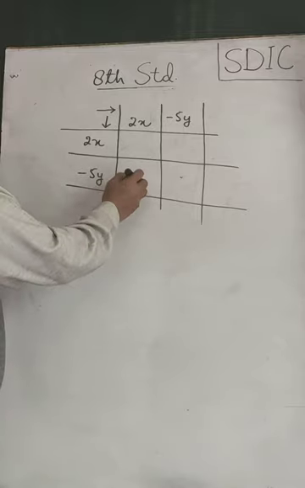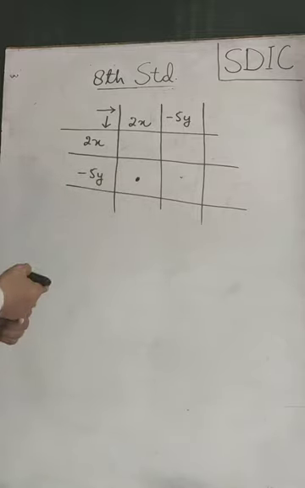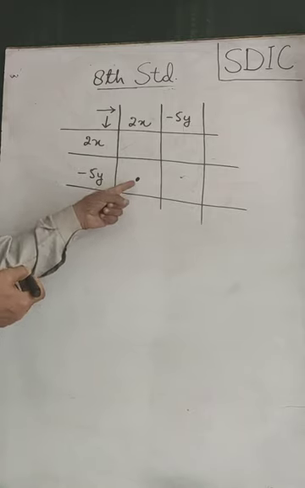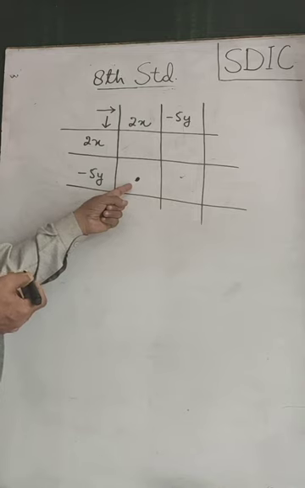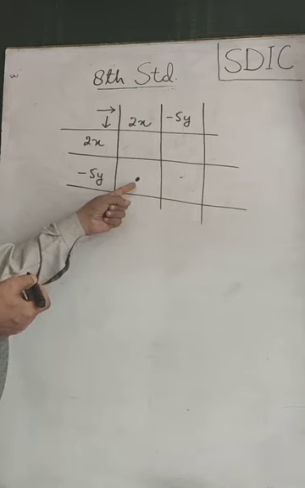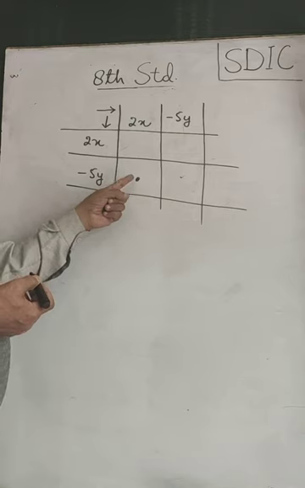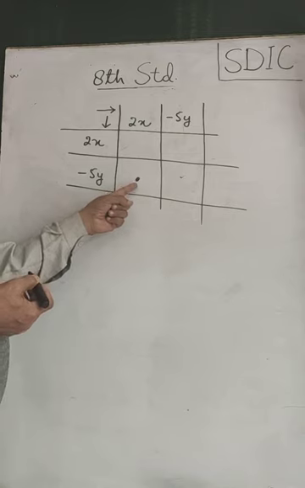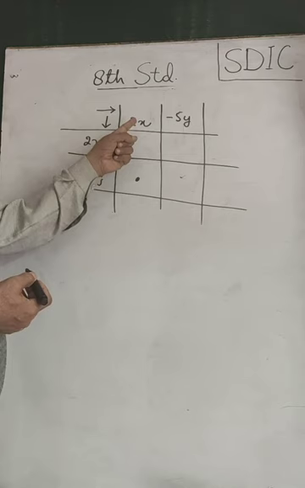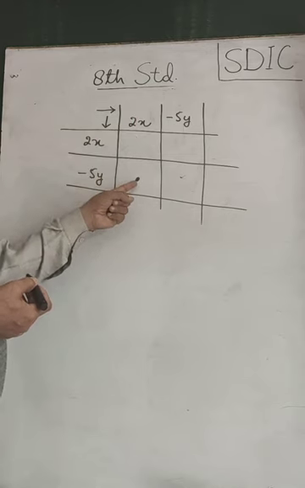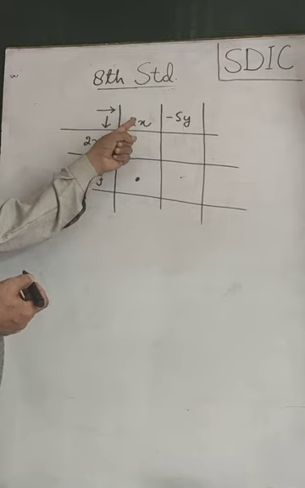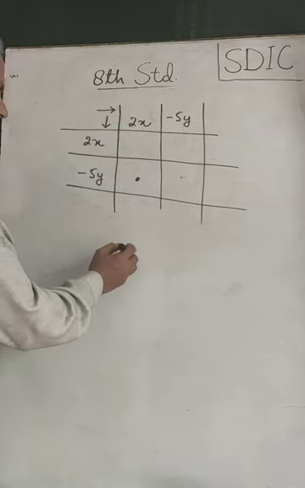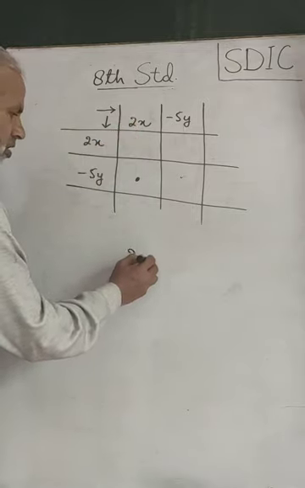For example, if we choose this slot, to fill in this slot, look at the monomial written exactly above this on the top. It is 2x. So this 2x you have to use as the first monomial.